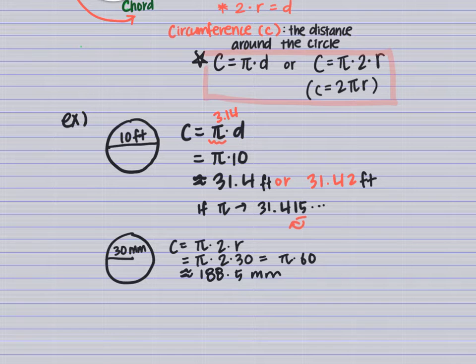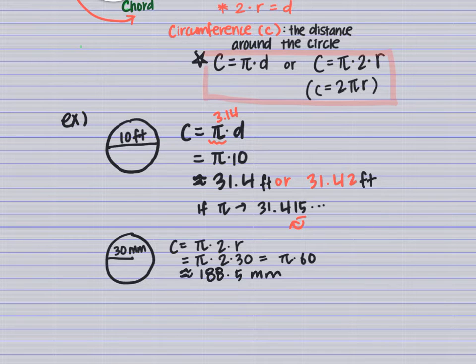Okay. If you are using, however, a pi symbol, I want you to write the pi symbol in your equation. If you're using 3.14, after this step, I want you to write 3.14 instead of pi on the first line afterwards, so that I know you're using a certain number, so I don't mark you wrong if you have a different number.